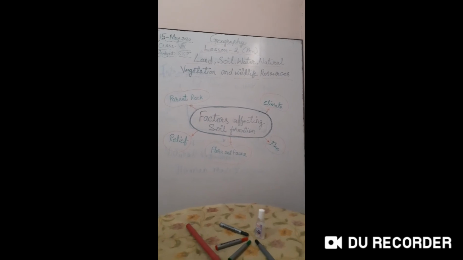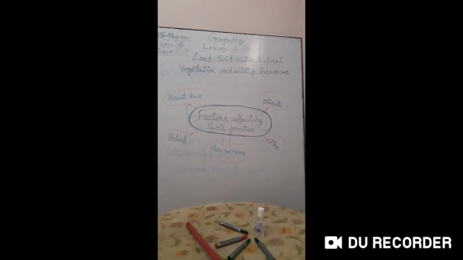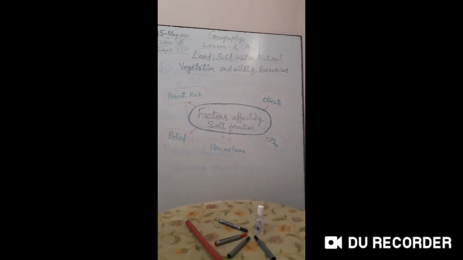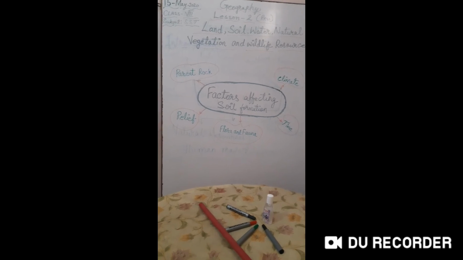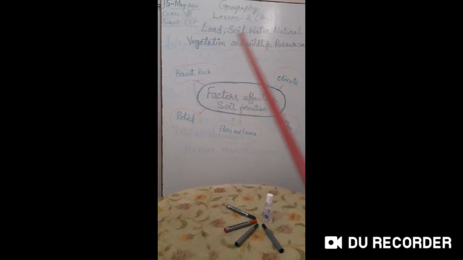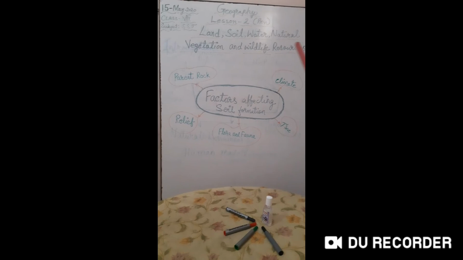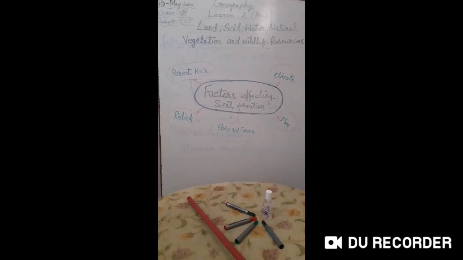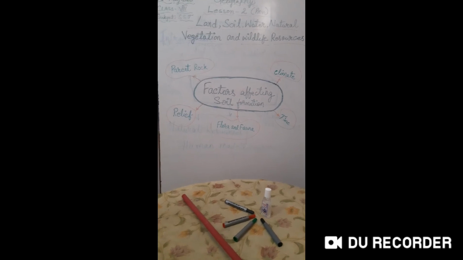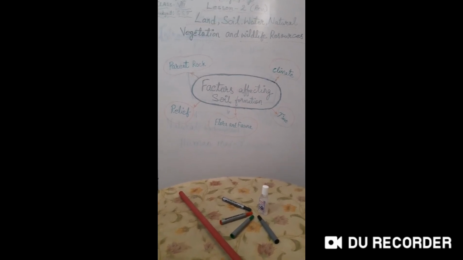The supporting and interdependent life system that exists in the biosphere is called the ecosystem. Hello student, this is my third video. In this, I will tell you about the natural vegetation and wildlife resources. First of all, the natural vegetation, and after that I'll tell you about the wildlife resources.